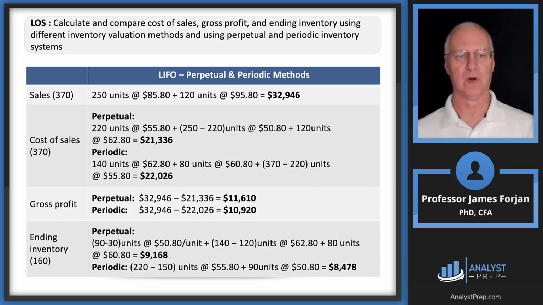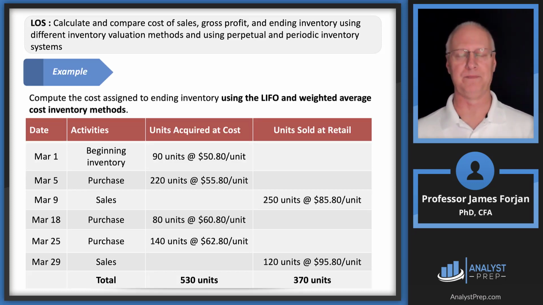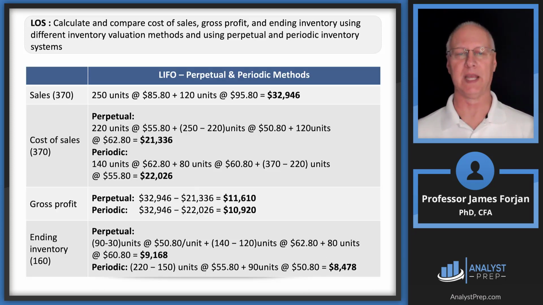Now, our ending inventory calculation is probably going to require us to take another deep breath. Under the perpetual method, we need to go back and figure out which of those things were left over. That's what we're thinking about under the continuous method. We know that we were left with 60 units of our beginning inventory, so there's the 90 minus the 30, times the $50.80.